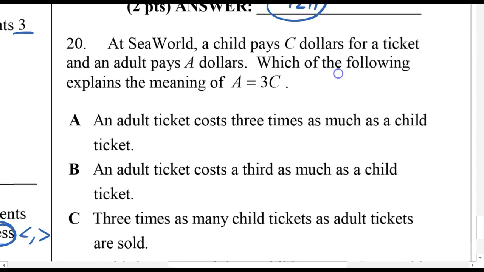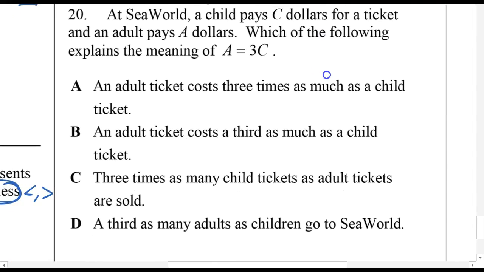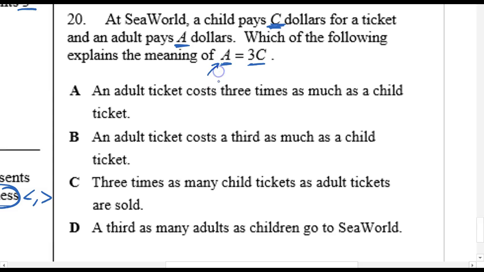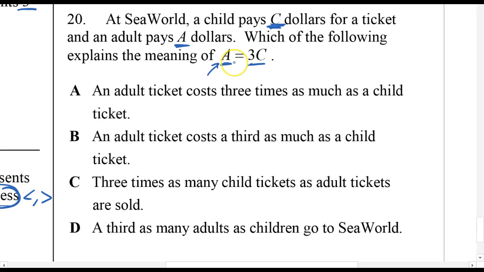At SeaWorld, a child pays C dollars. Okay, there's the variable. For a ticket, an adult pays A dollars for their ticket. Which of the following explains the meaning of A equals 3 times C? Well, remember the adult paid this much, the A, and we don't know what that number is.